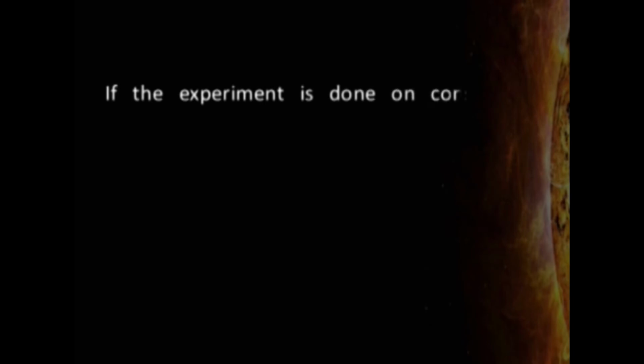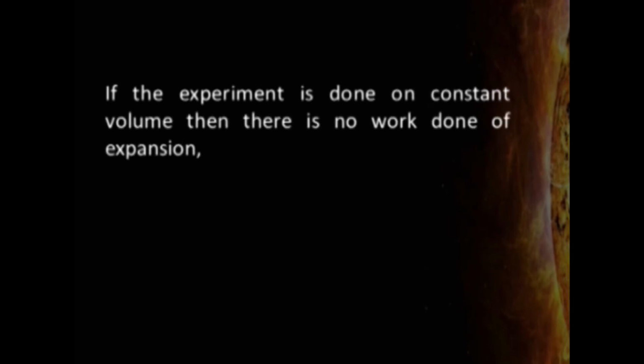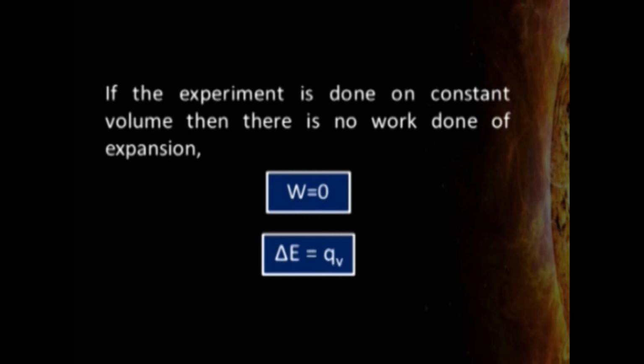If the experiment is done at constant volume, then there is no work of expansion, means W will be equal to 0. Therefore, delta E, that is change in internal energy, will be equal to heat change at constant volume.